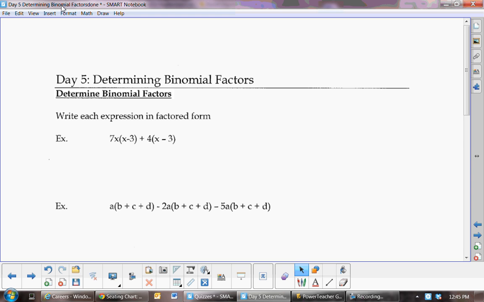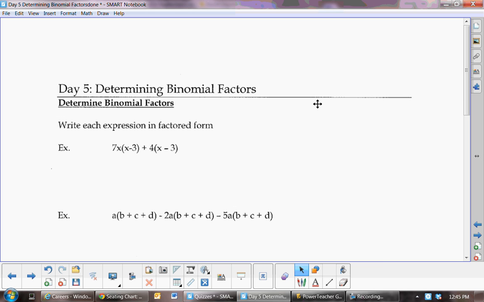Now, this really helped the last class, the students that were having trouble. But when you have, say, 3x squared y plus 6x cubed y.